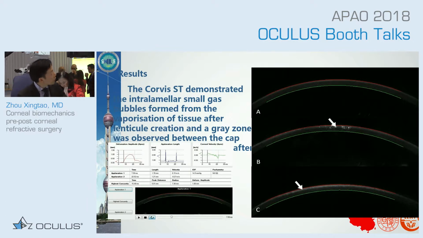This image was just after the creation of the lenticule with the femtosecond laser, and this image was displayed after extraction of the lenticule, and there is a significant difference after extraction. What I mean is, if we scan the lenticule, there is no effect on the deformation parameters of the Corvis ST.